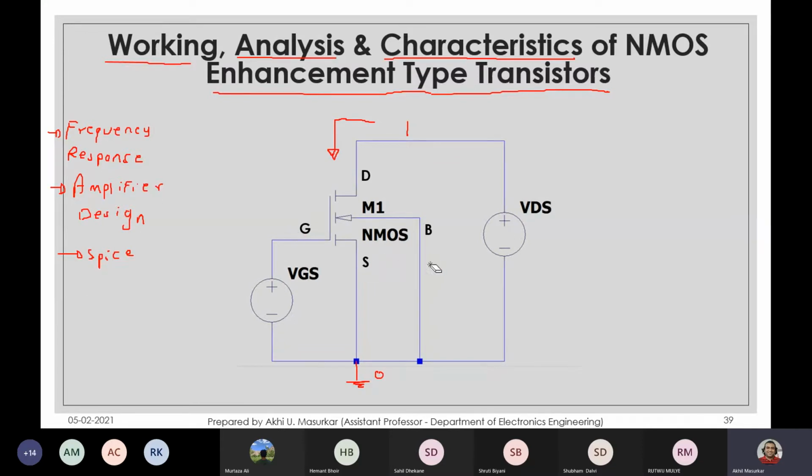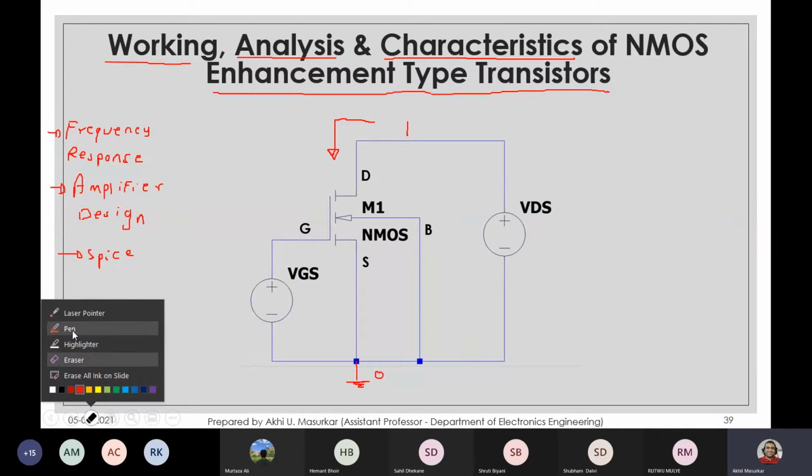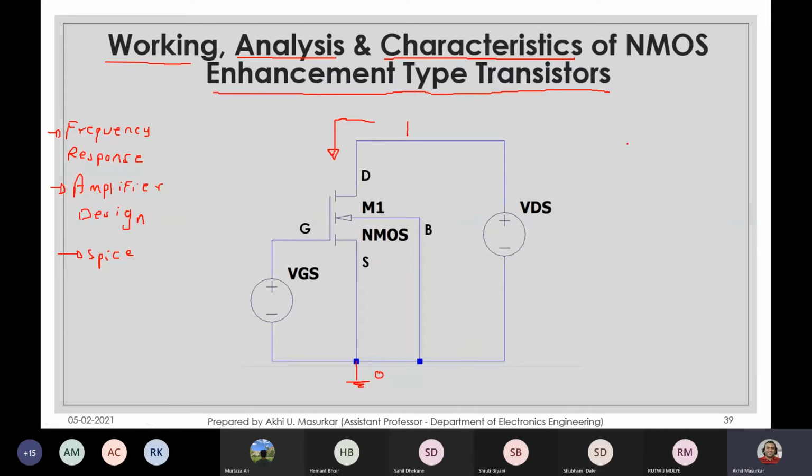Gate, drain, source and body. This is the symbol of the N-channel MOSFET. Generally, when we draw our circuits, we write it like this: drain, gate, source and body. And it is understood that the body of the NMOS will always be grounded.